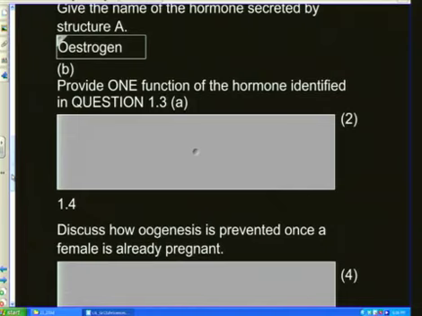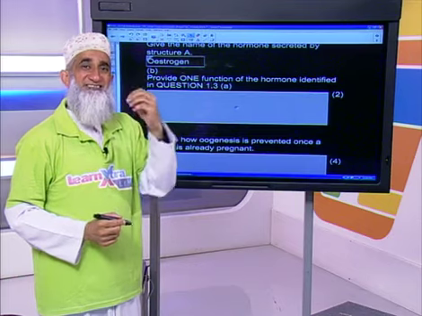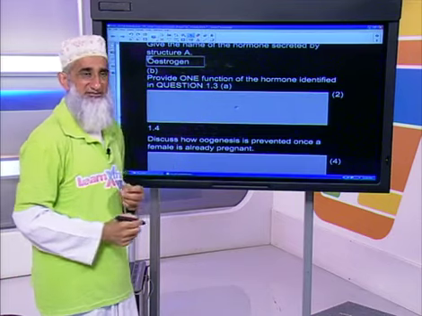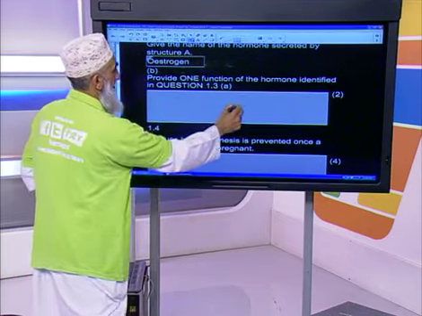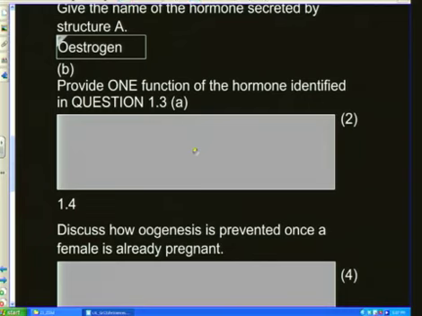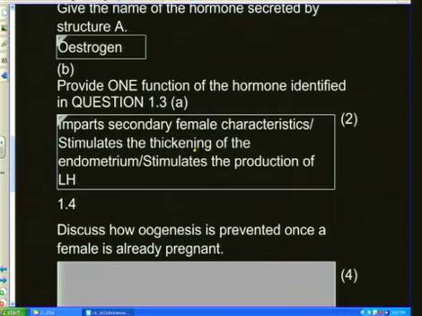Provide one function of the hormone identified in question 1.3a. What is the function of estrogen? Firstly, in the females, the first function would be to bring about secondary sexual characteristics in the female. And more importantly, well, I can't say more importantly because they're both important, but in terms of our study of reproduction, this is core.